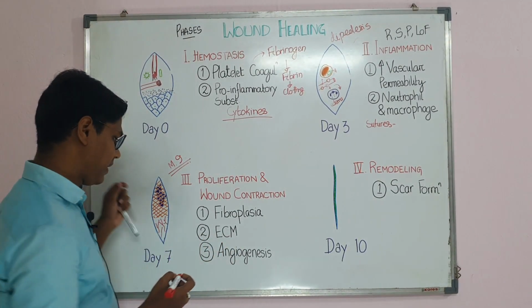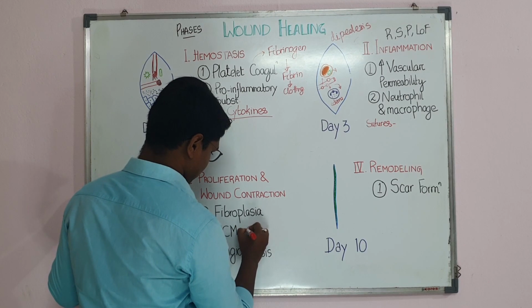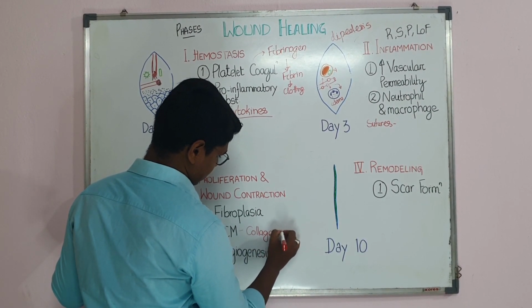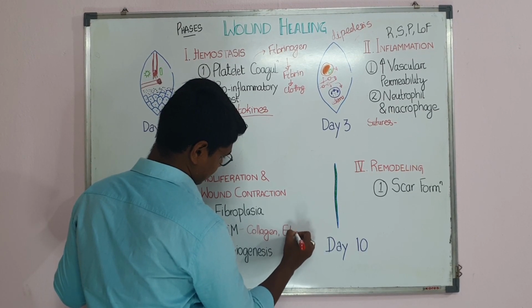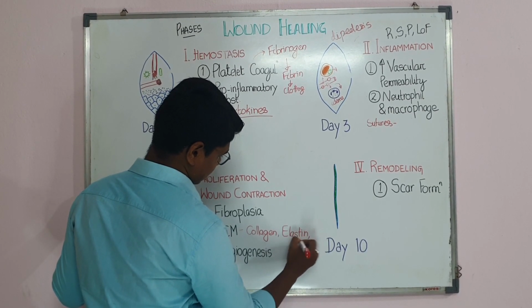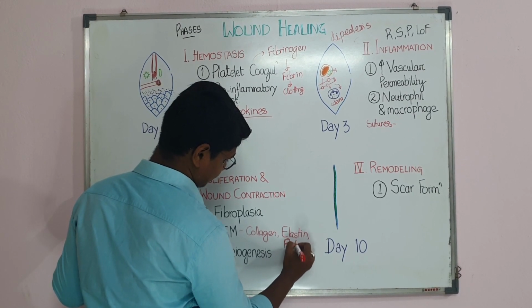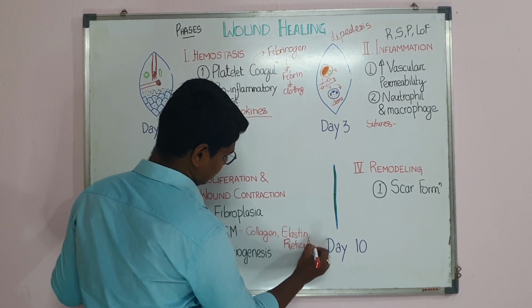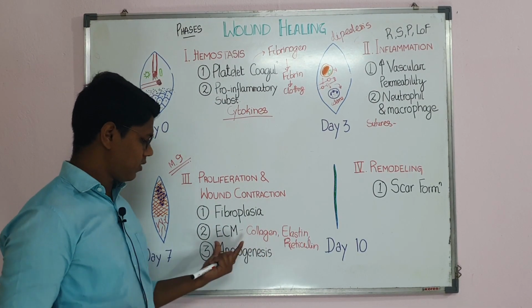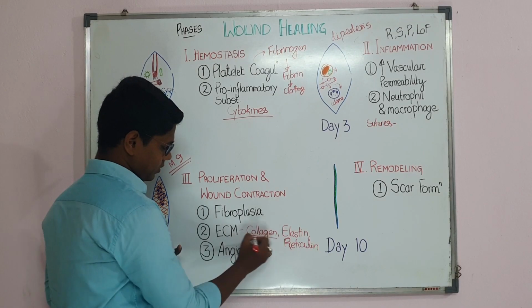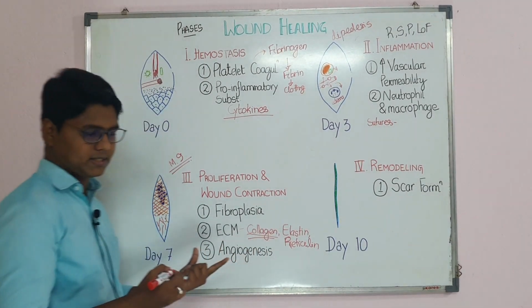The main component being the collagen, the elastin, the reticulin. These are the main components of extracellular matrix. Okay, basically the collagen, mostly the high amount is collagen.